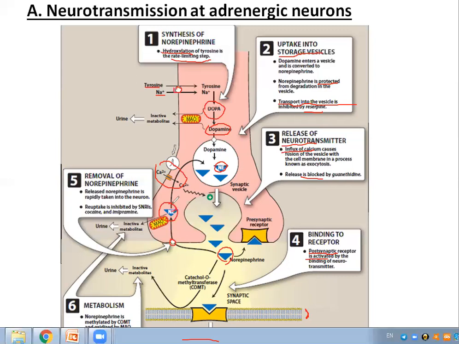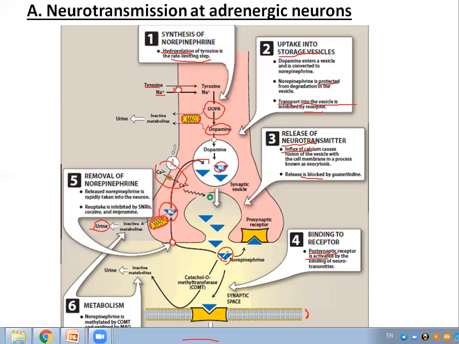Either it will be restored inside the vesicle for further release, or degraded by enzymes present in mitochondria, such as MAO, abbreviation of monoamine oxidase. So the metabolites formed after being oxidized by the monoamine oxidase are then released by following the urinary pathway.